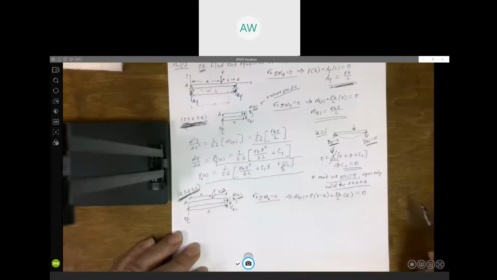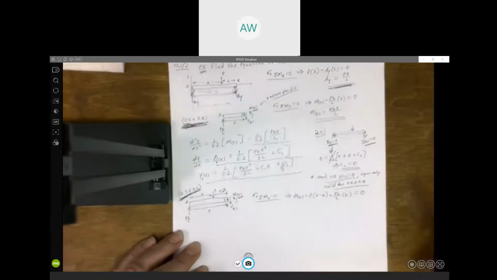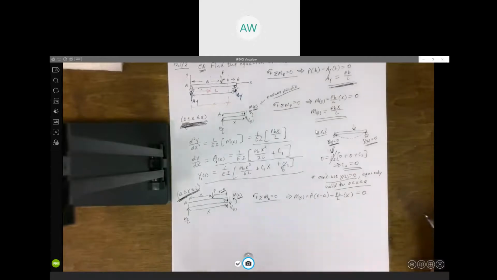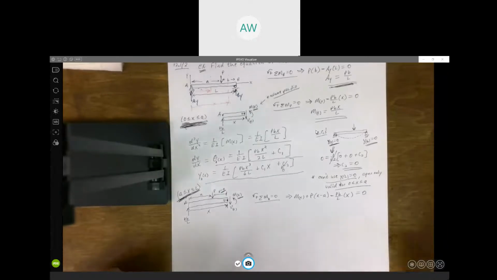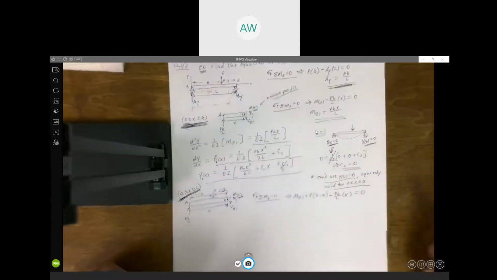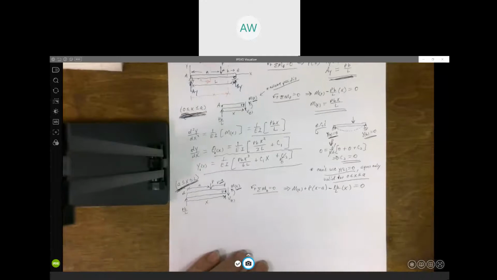Now, here's where I'm going to do something that you don't have to do. If you were solving this problem, first time you were going through this, you probably wouldn't do this. But with experience, I've solved a bunch of these problems, and somewhere you can either do some simplifying down the road, or we can do a little simplifying now that might save us a little more simplifying later on.